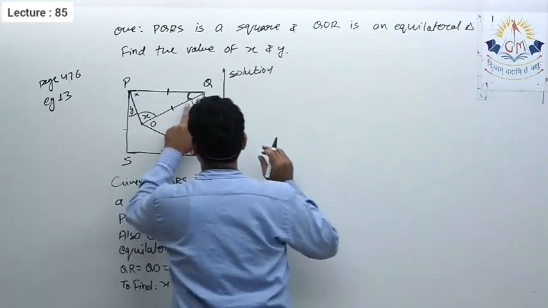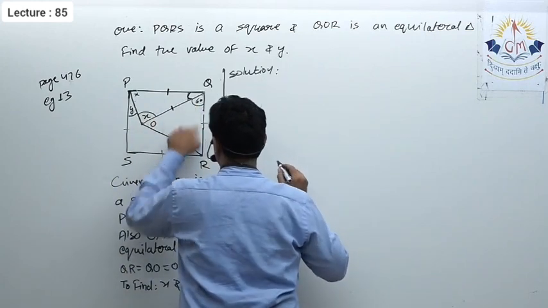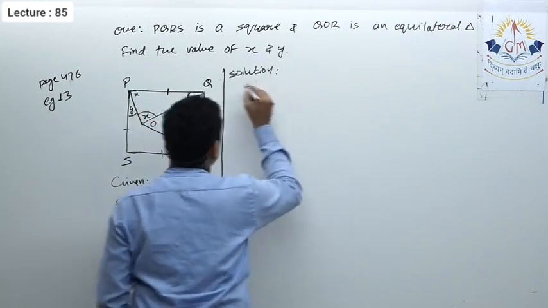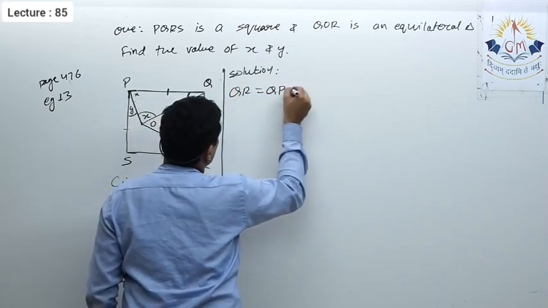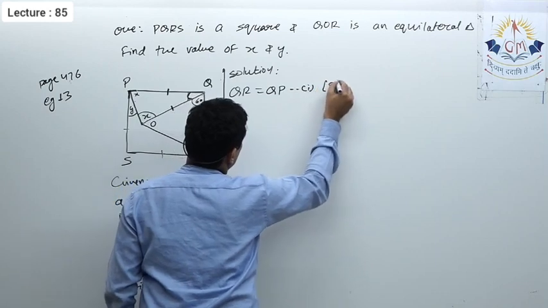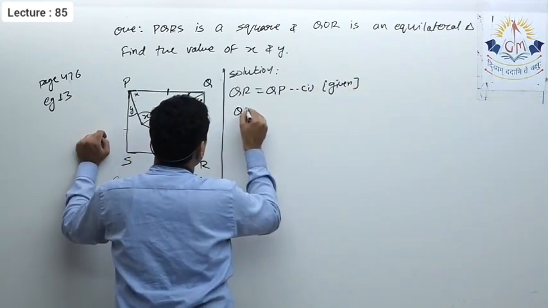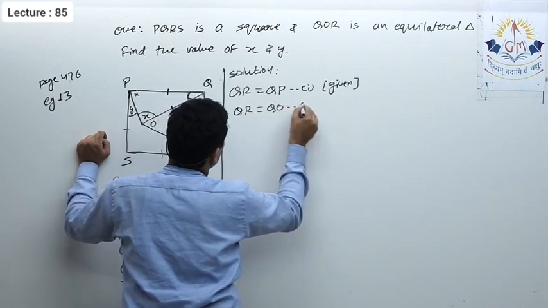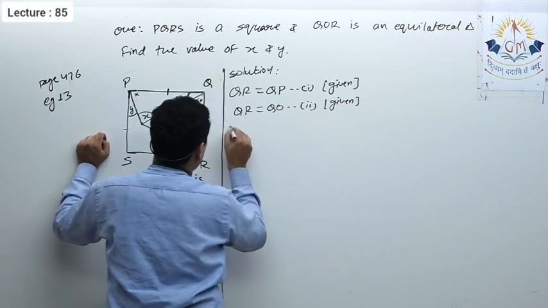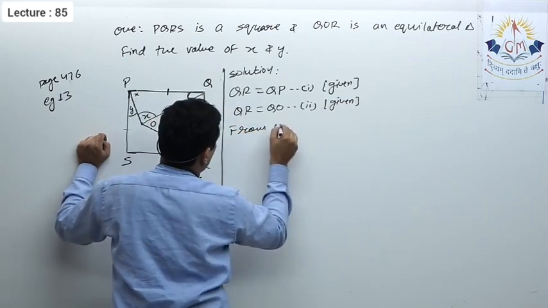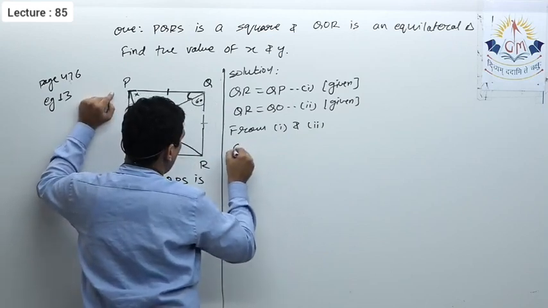So we'll start with the solution. QR equal to PQ. QR is equal to QP, that is given. Then QR equal to QO, that is again given. From first and second, I can say QP equal to QO.